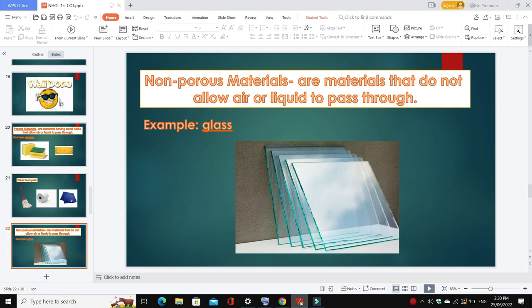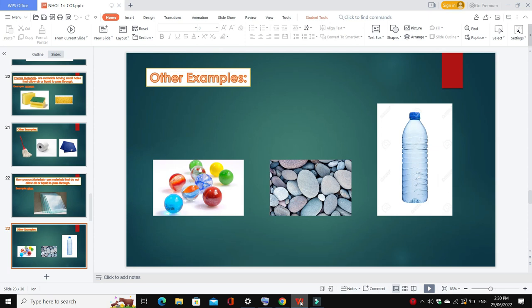No. The answer is no. The glass will not absorb the water. It repels the water. That is non-porous materials. Other examples: marbles, pebbles, bottle of water, or plastic bottle.